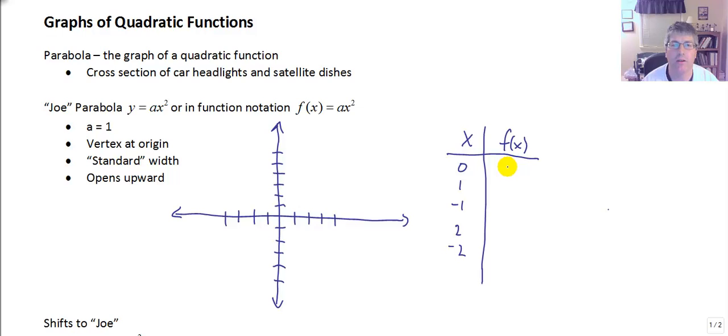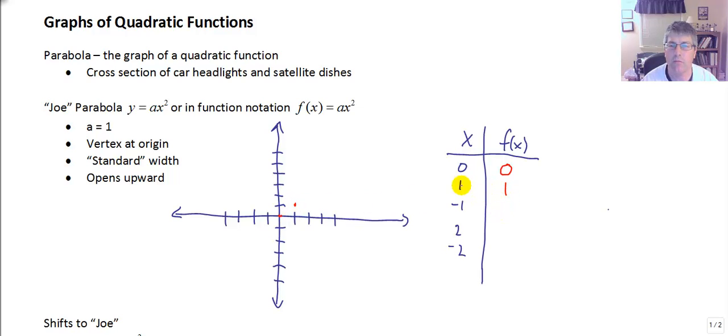So here's an example of what Joe parabola might look like. If we put 0 in, we output 0. Okay, so we're putting 0 in for x, and we get 0 out. If we put 1 in for x and then we square it, we get 1 out. So 1 in for x, 1 in for y.